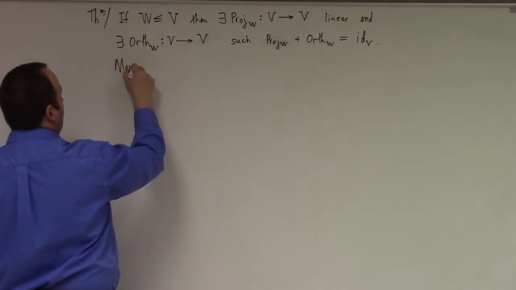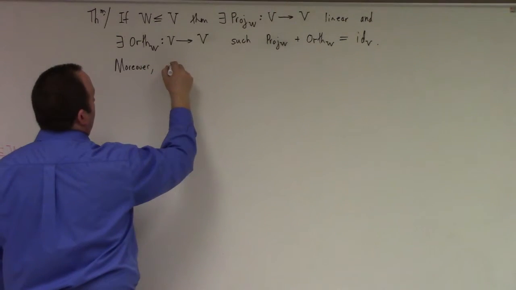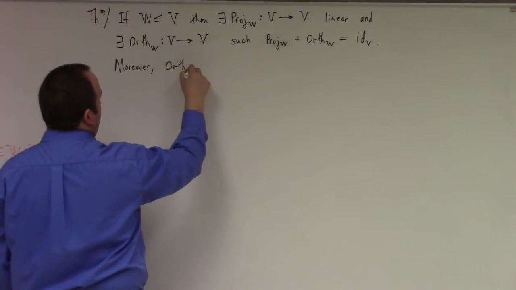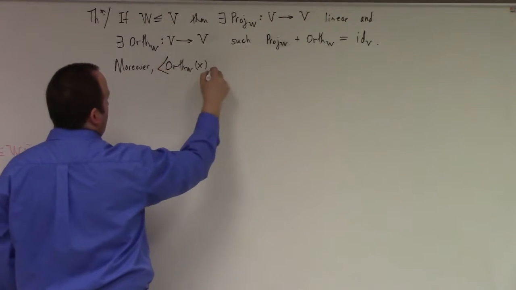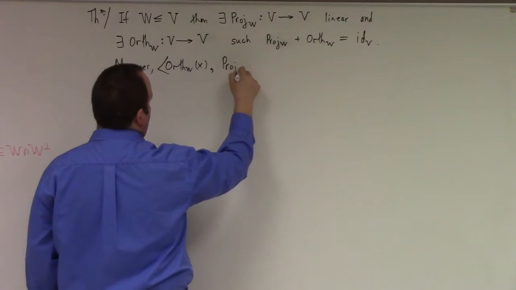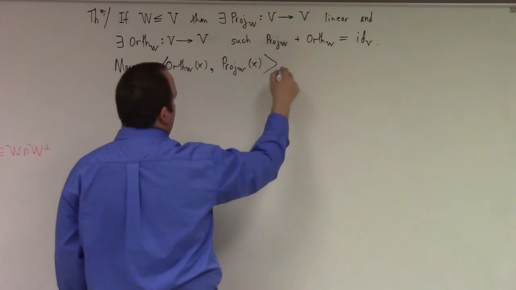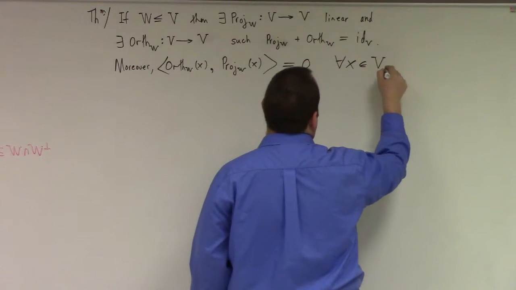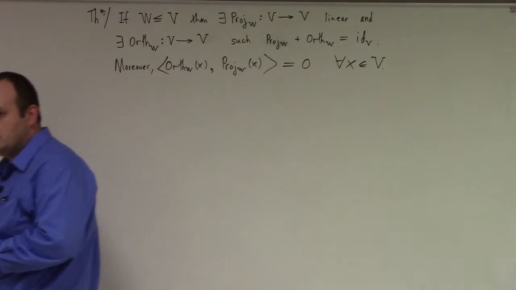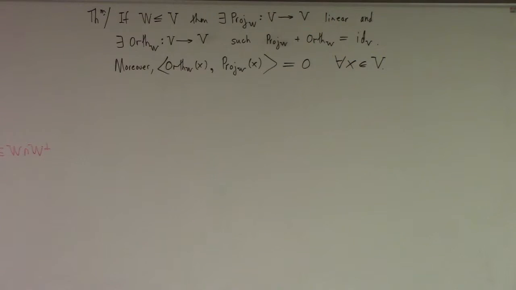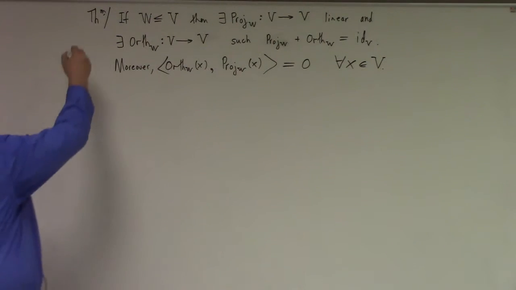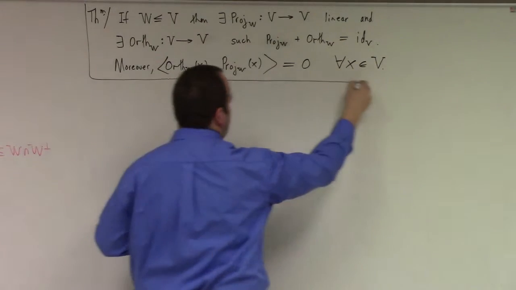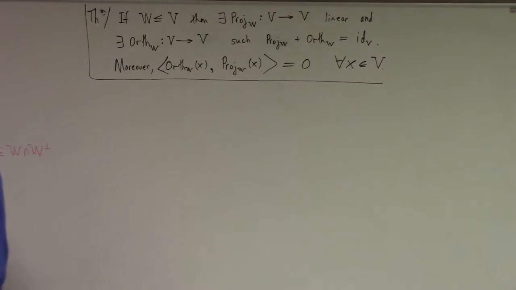Moreover, the inner product of orth W of x with the projection onto W of x is equal to 0 for all x in V. All right, so here's how to prove this.